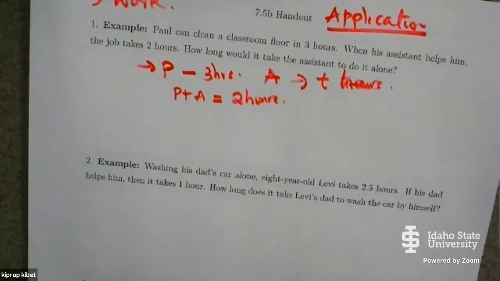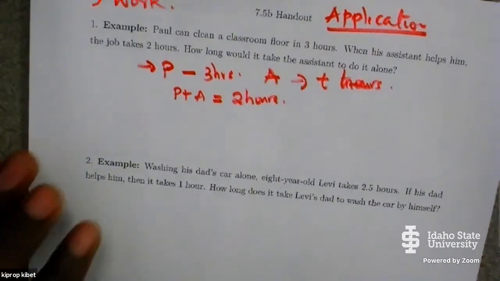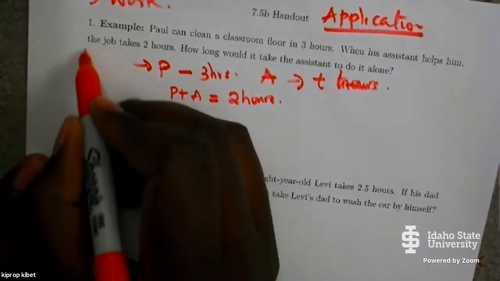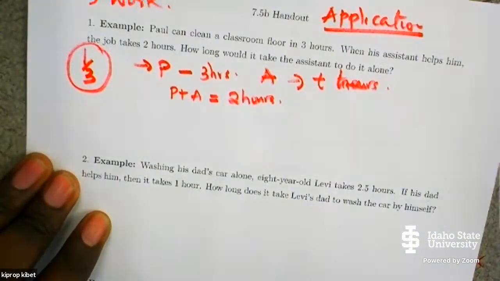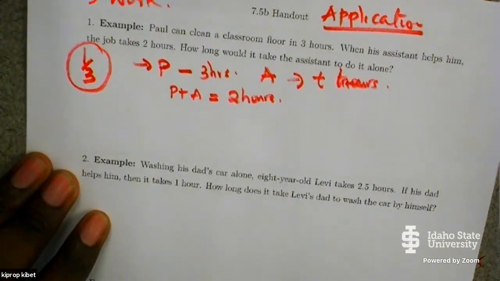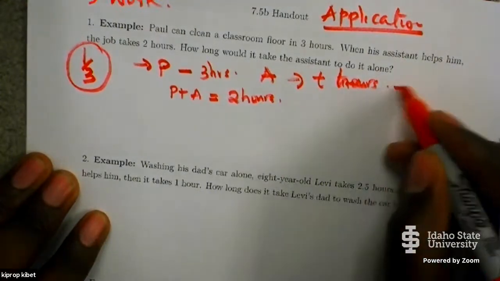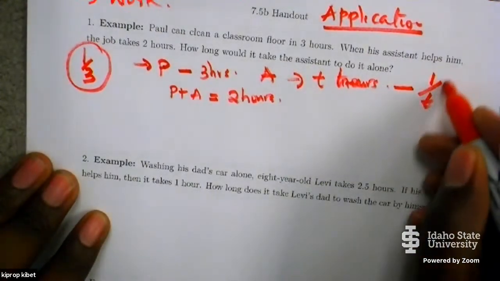So what is the amount of work that Paul will do in 1 hour? And what is the amount of work that both of them will do in 1 hour? And what is the amount of work that the assistant will do in 1 hour? So in 1 hour, Paul will have done 1/3 of the job, and the assistant will have done 1/t of the work.